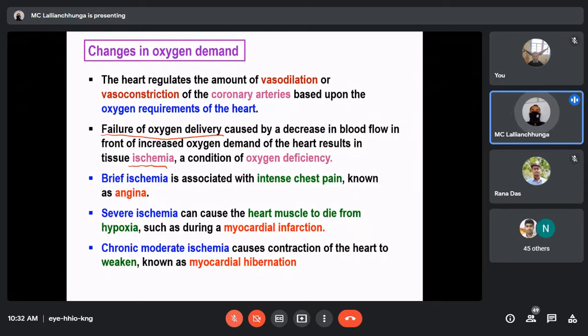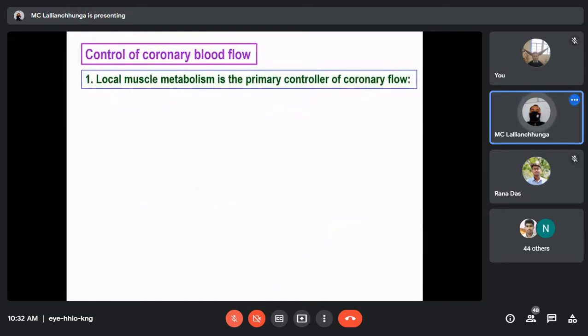Otherwise, even a moderate lack of oxygen is significant. If it is severe, it can lead to heart failure, all these things. We have already discussed. Now, control of coronary blood flow.